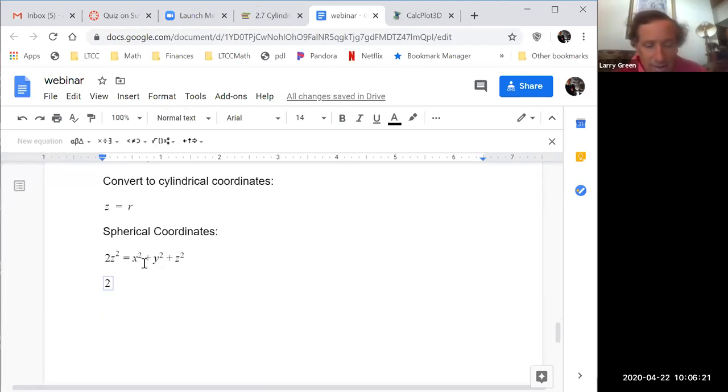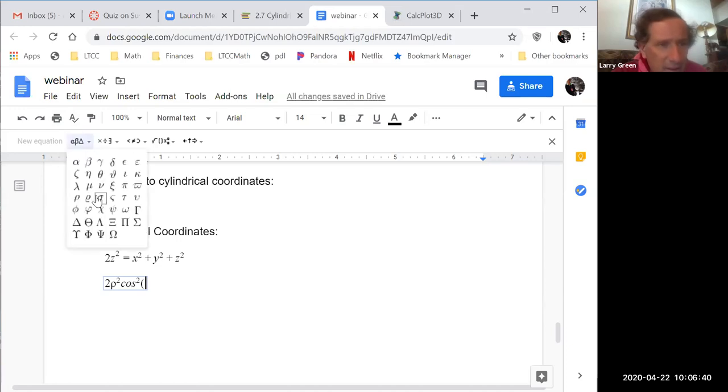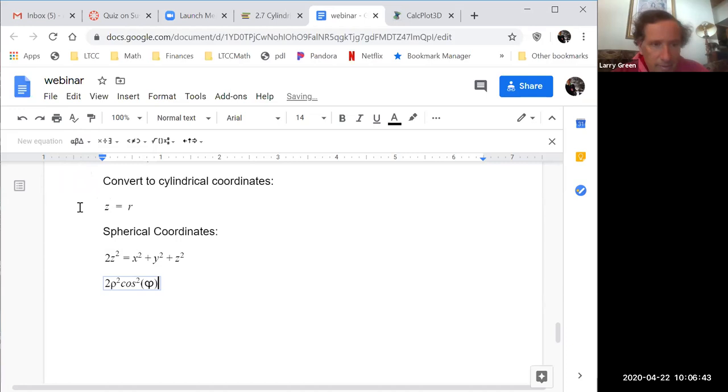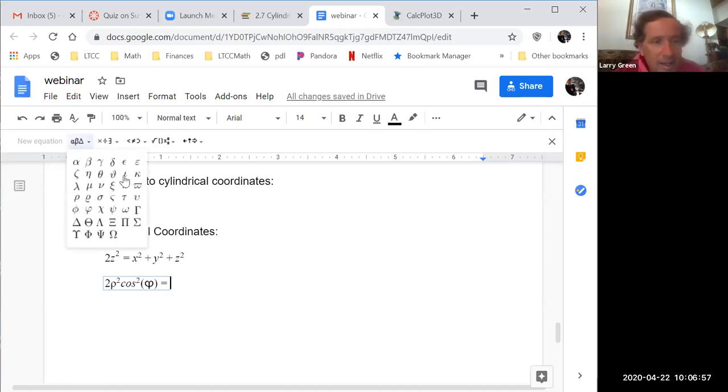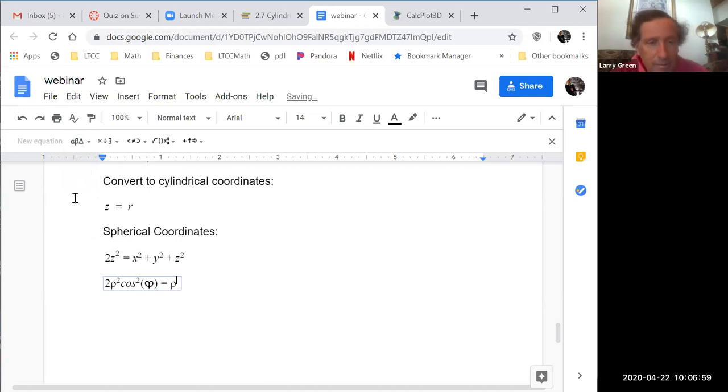So that gives you 2 rho squared cosine squared phi is equal to, and what's x squared plus y squared plus z squared? The hint is it's beautiful. Yeah, that's rho squared. So we got rho squared.